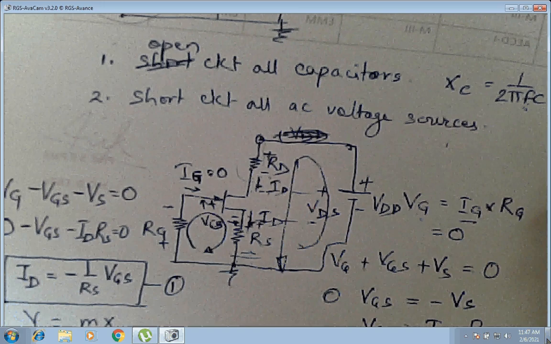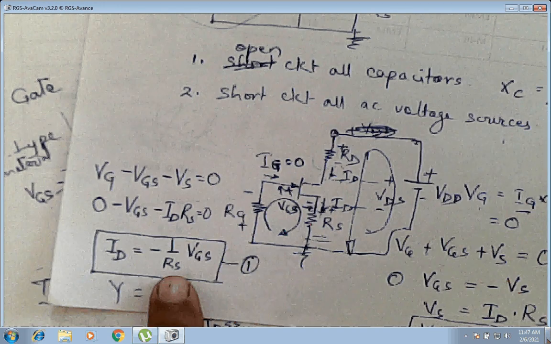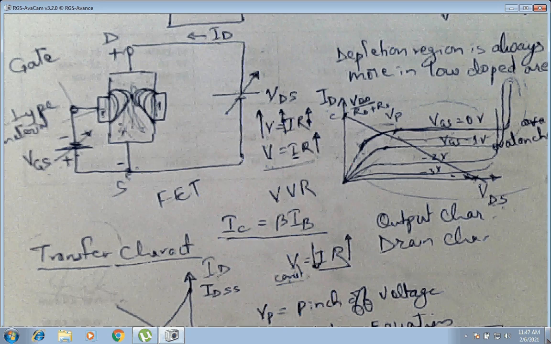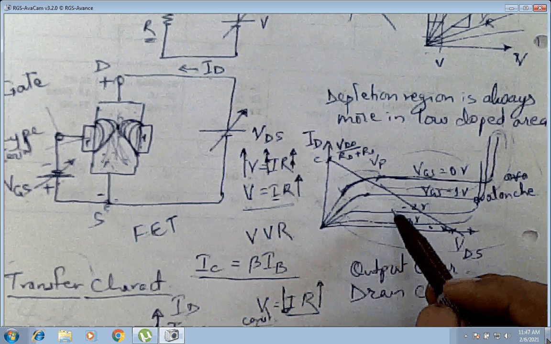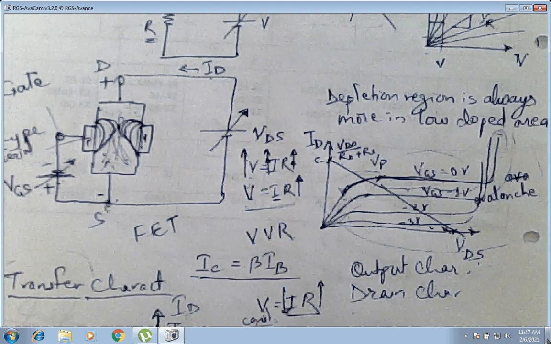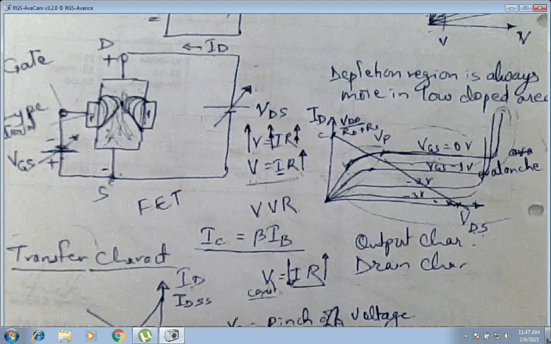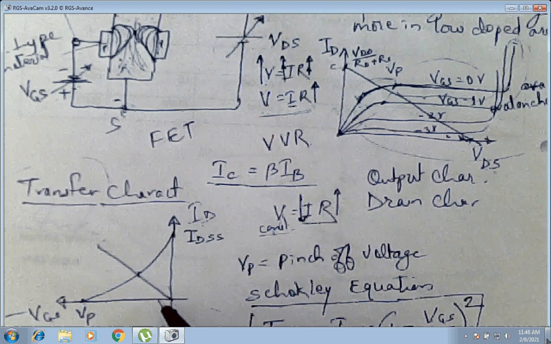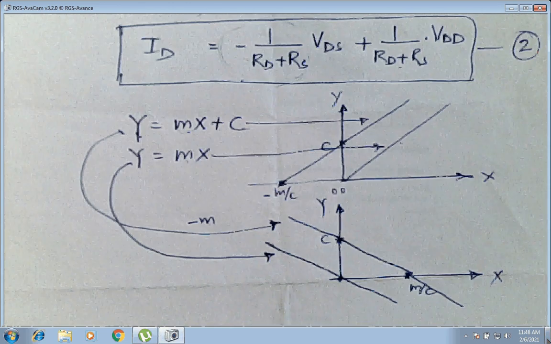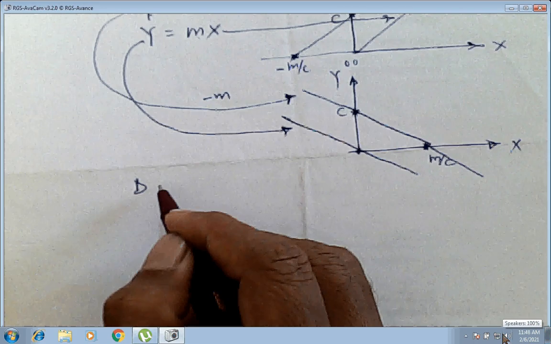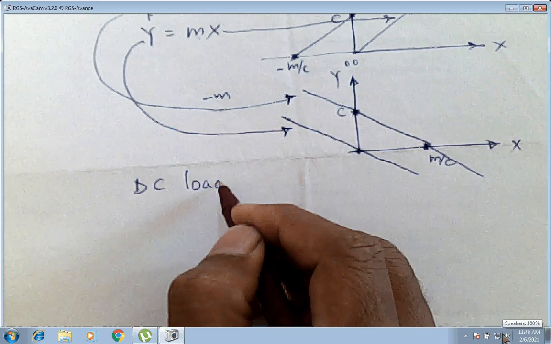So two graphs we have got, this is one and this is the second. These lines whatever we have plotted are called DC load lines.